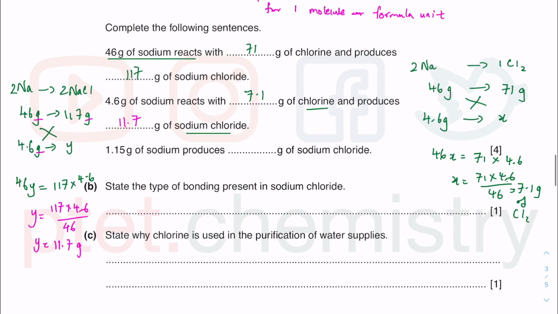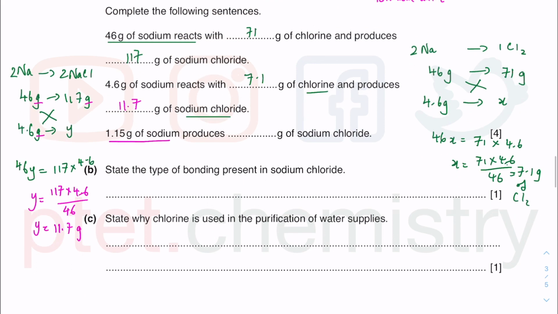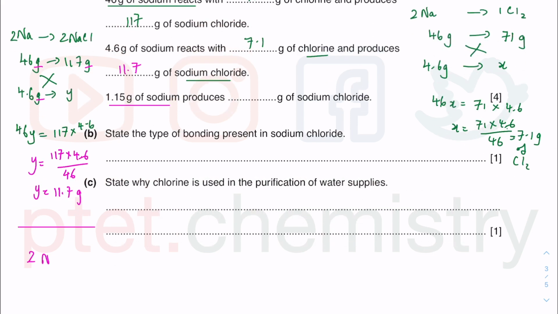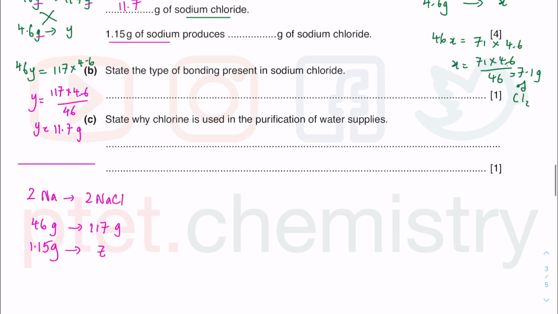So this question is a bit long. Now they want to talk about 1.15 gram of sodium. I'm going to do exactly the same as that, but instead of 4.6 gram of Na, I will use 1.15 gram of Na. It's the exact same method, so you shouldn't get confused provided you know how to start the question. So you've got 1.15 gram of sodium. I call that Z now.